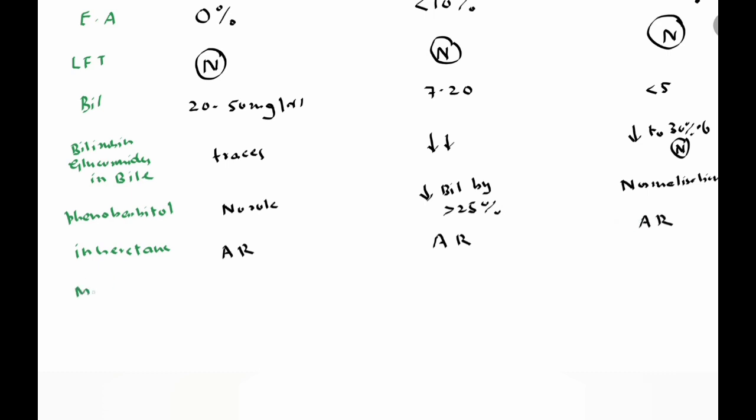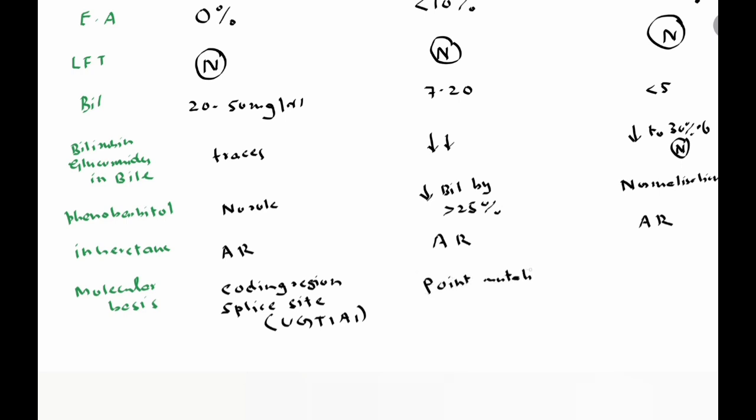Now coming to molecular basis. In type 1, the genetic lesion is in the coding region or splice site of UGT1A1. While in type 2, there is a point mutation in coding region.